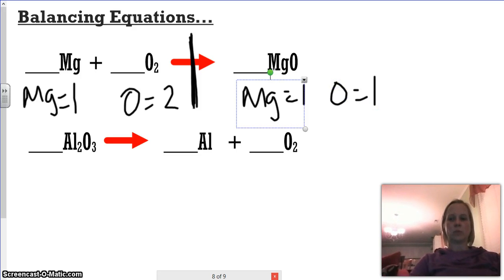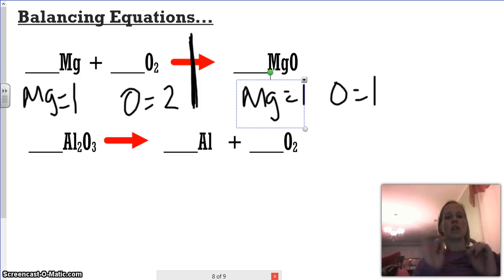If we look at this, we can tell right away that this is not equal. I don't have the same number of oxygens on both sides, but I do have the same number of Mg's. So my focus is only going to be on oxygen. What you do in order to make this balance is add a coefficient. And remember, the coefficient is the big number in front.